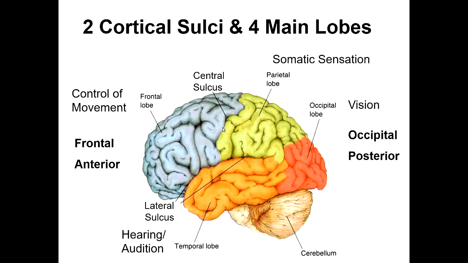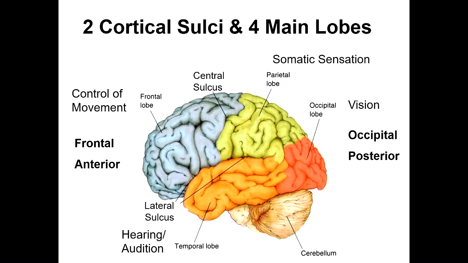Remember, somatic sensation involves things like touch or tactile sensations, thermal sensations, pain, and joint sense, knowing the position of your joints in 3-dimensional space, otherwise known as proprioception. Those are the somatic sensations. And the parietal lobe is responsible for conscious perception of those types of sensation.